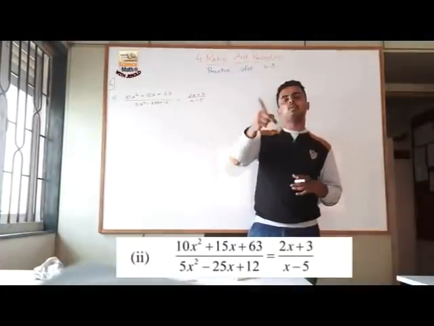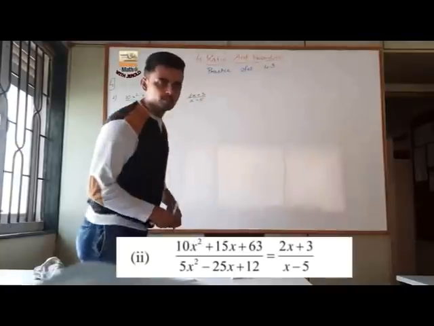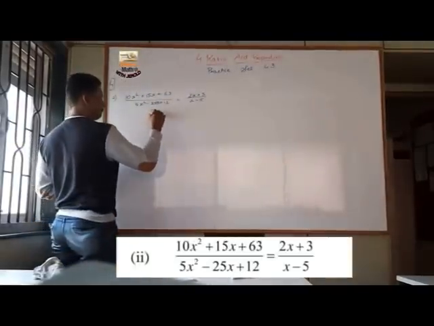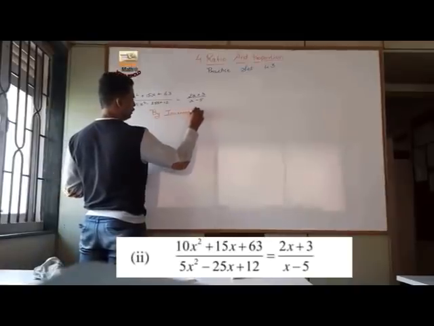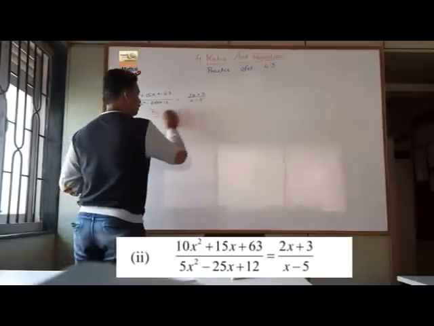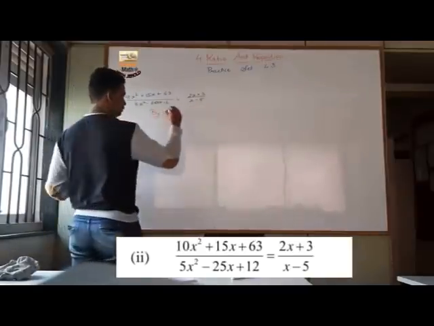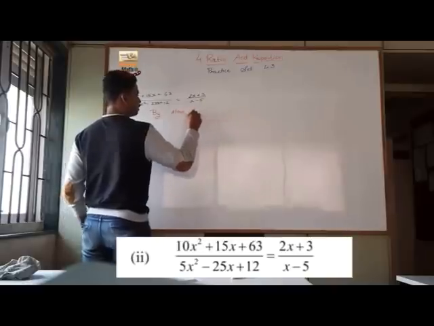If you compare it to the first one, you will see both the simple ratios are on this side. So the first thing I will do is bring it into a form similar to the first question. It will not be by invertendo, but by alternando. What was alternando?